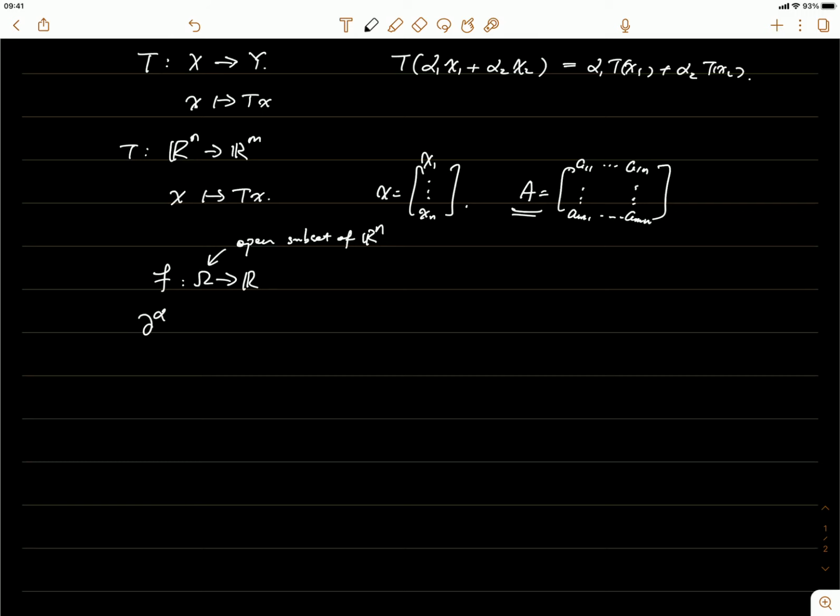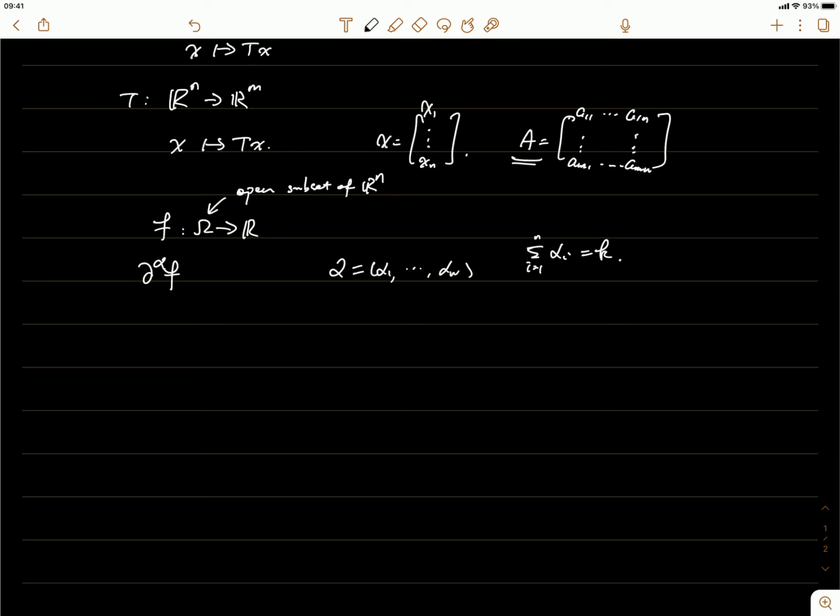Here alpha is a multi-index, alpha 1 through alpha n, and the sum of alpha i for i from 1 to n is equal to some k. This is the order of the derivative. Then this operation here is linear.